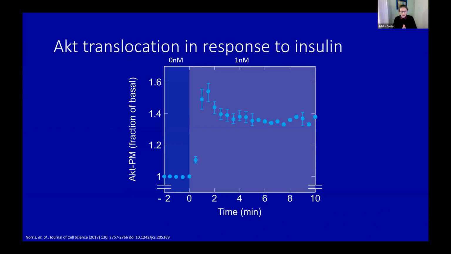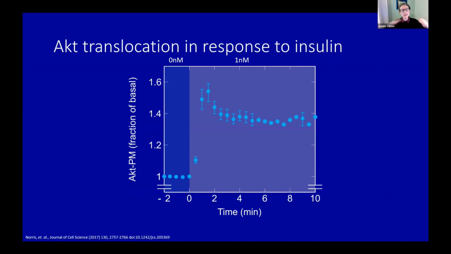Okay, so some colleagues, Dougal Norris and co over at Sydney University, did some nice measurements. They were interested in designing different fluorophores for imaging AKT. And they did some measurements where they used this technique on multiple patches of cells, because you only get to see a small section as an individual cell when you do this. And they had a cell which was just sitting there, no insulin at all.